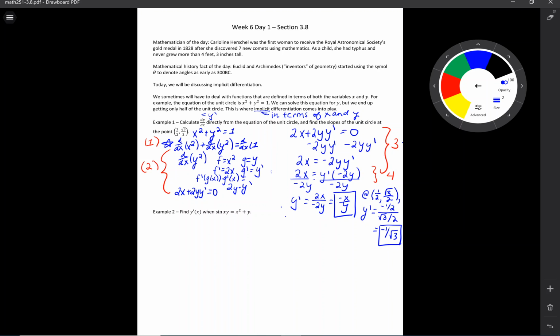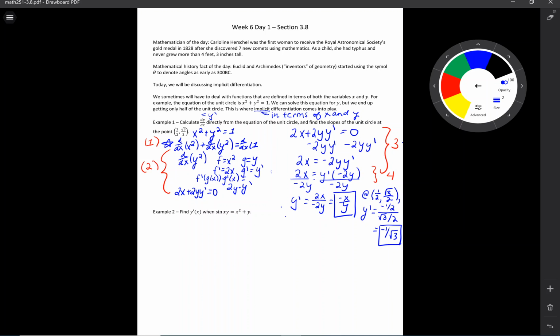This means that the slope of the unit circle at the point 1/2, square root of 3 over 2 is equal to negative 1 over the square root of 3. That represents the slope on the unit circle at this point. Whew, that's a lot, isn't it?